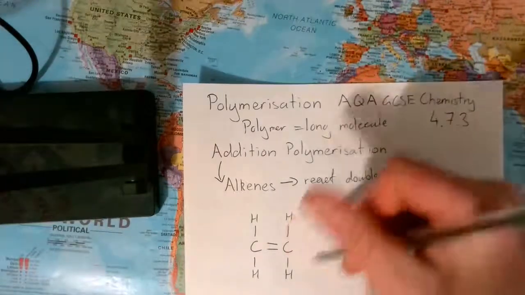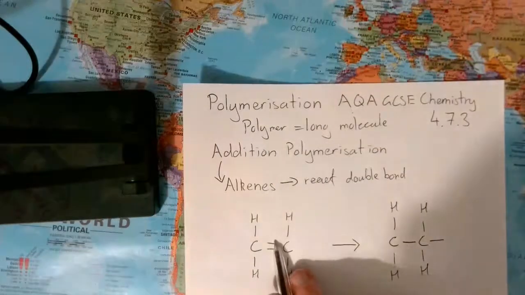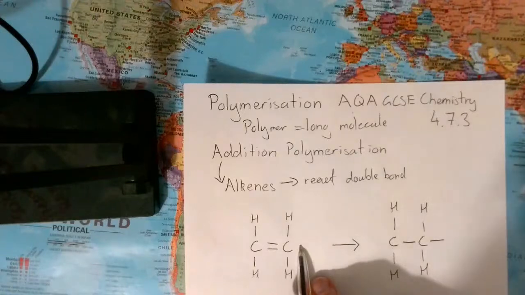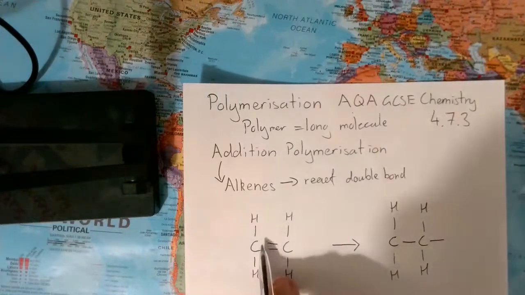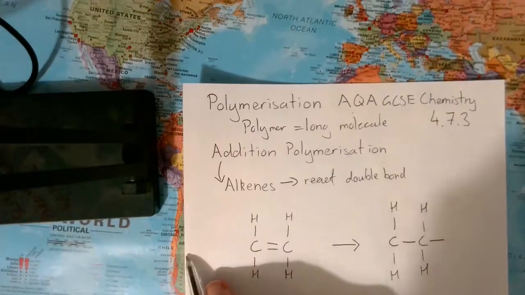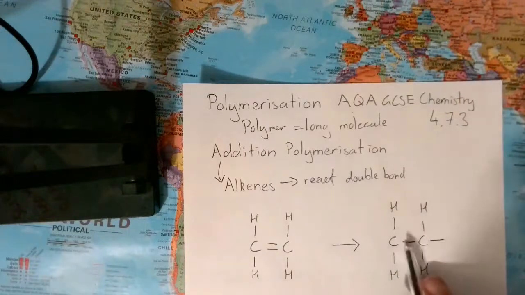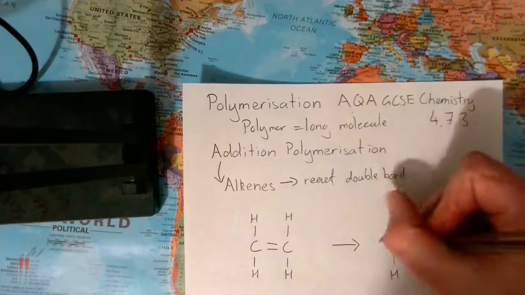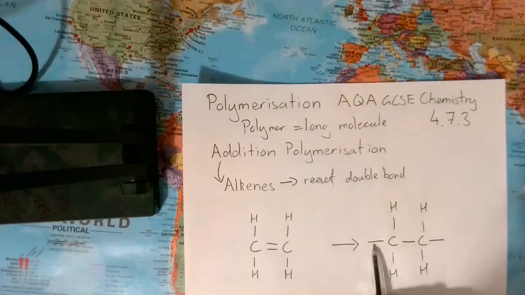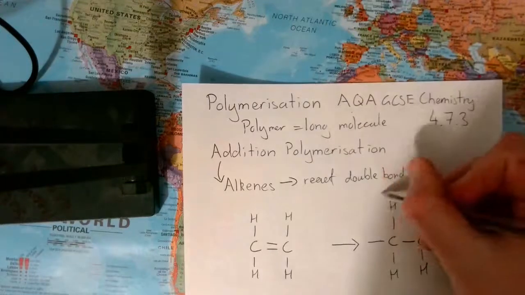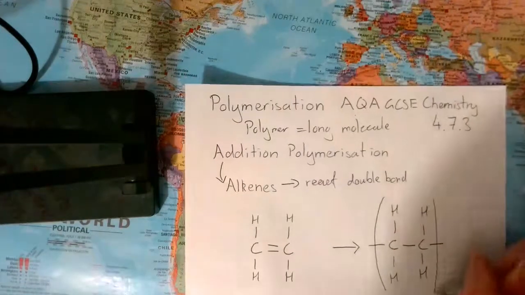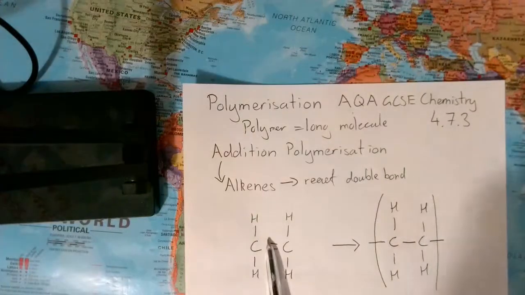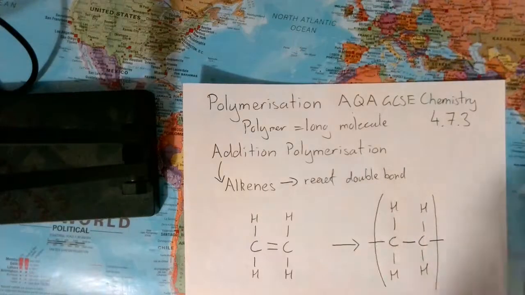If you break this double bond, then you end up forming a new bond to the next alkene molecule to the right, and then to the left the same thing happens. So this bond would break and there would be another bond starting to form to the right here, and another bond starting to form to the left. You put brackets around this whole thing because this is going to be a repeating pattern.